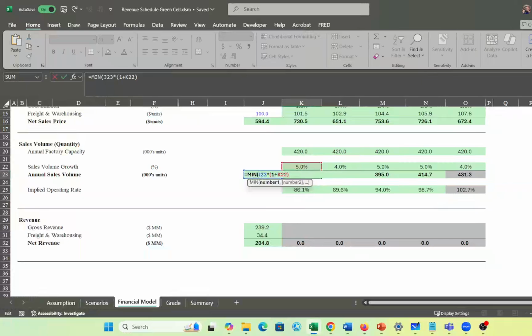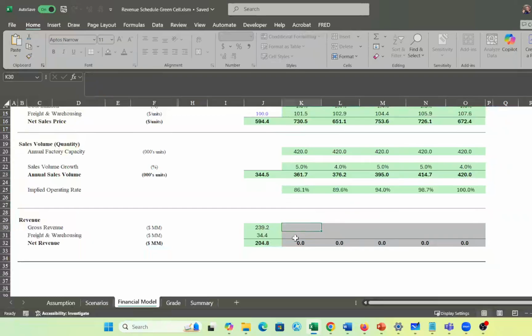I'm going to go on the outside of it. I'm going to hit a comma, and then I'm going to hit the 420. I'm going to close it up. And now what it's going to do, it's going to always give me the minimum of either this one or this one, and this one is the minimum right now. And if we go all the way to the end, now it correctly does, it's going to be capped out at 420.